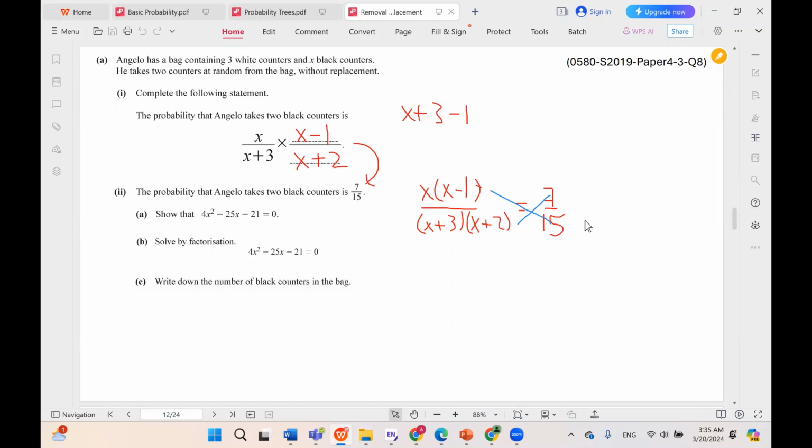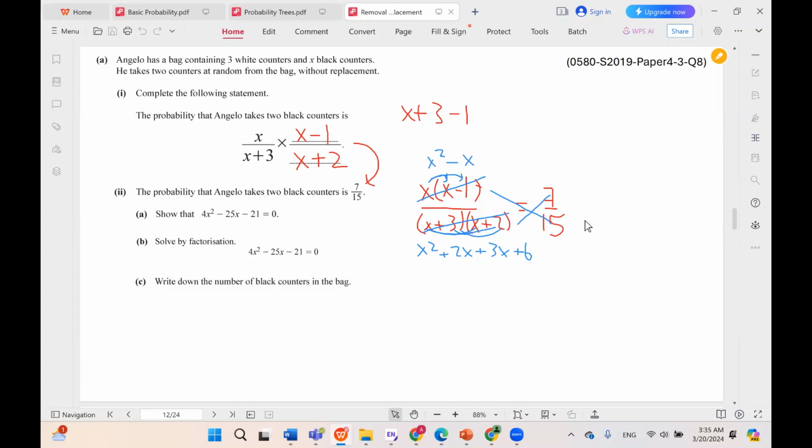So X times X is X squared. X times negative 1 is minus X. So we simplify this expression. And in the denominator as well, X times X gives us X squared. X times 2 gives us positive 2X. Here we have positive 3X, and here we have positive 6. So we cross this out as well.